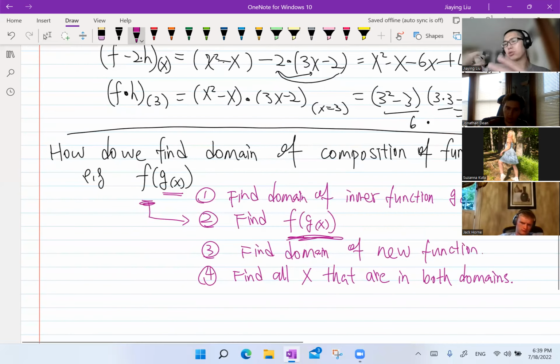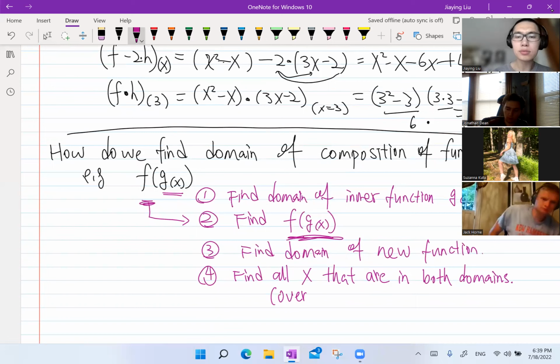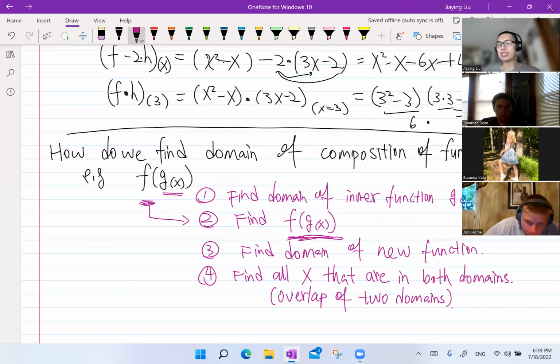Basically, where the two domains overlap. I'm going to use an example here. Hopefully that will help.